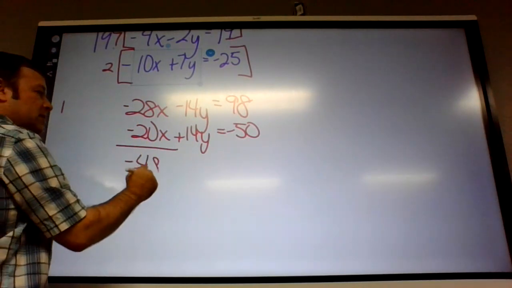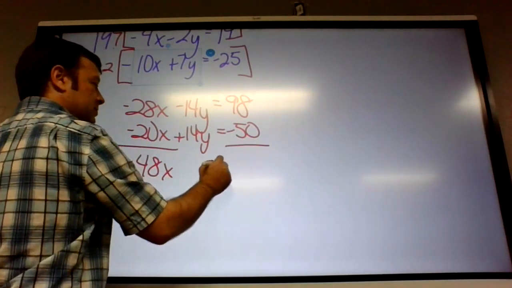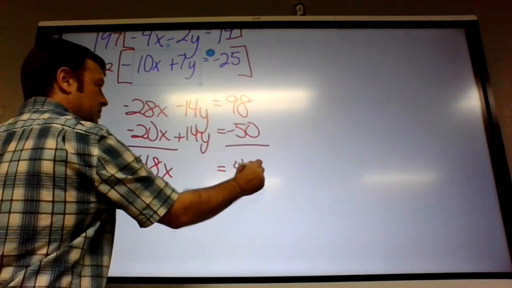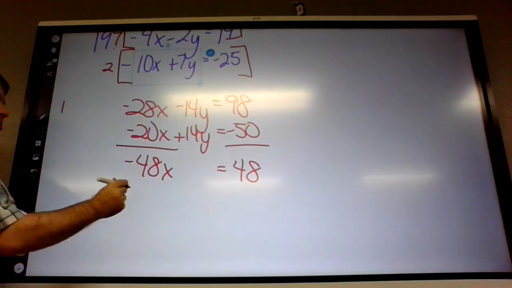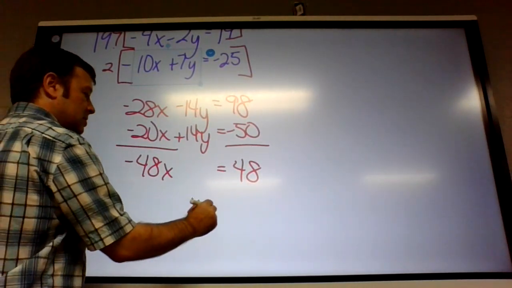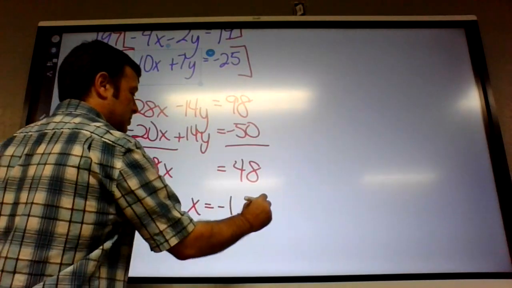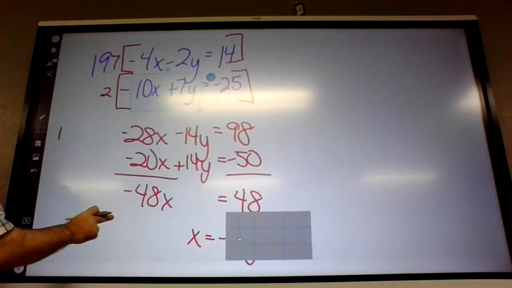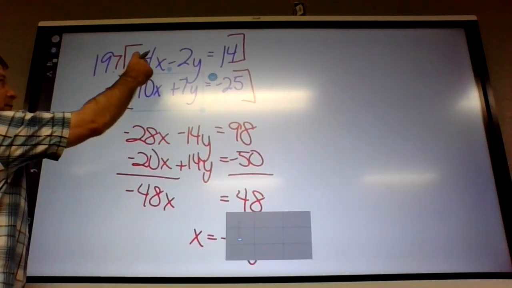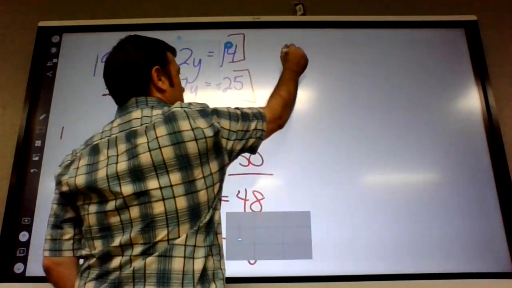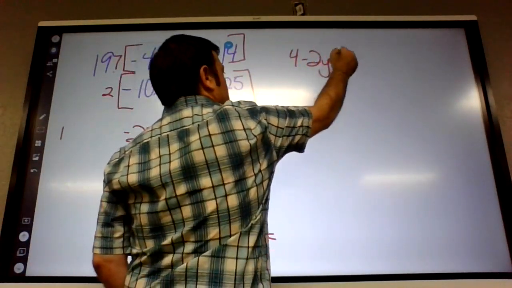Negative 48x equals negative 48. So x is negative 1. I put negative 1 right there. Negative 4 times negative 1 is 4. Minus 2y is 14.